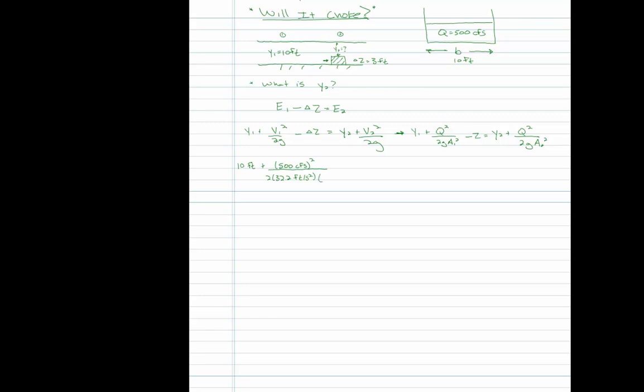And the initial cross-sectional area, because our initial depth is 10 feet, is going to be 100 feet squared initially as the flow depth, minus this obstacle height of 3 feet as the delta Z, is equal to, well, we don't know what the new flow depth over the obstacle is going to be, y2, plus 500 CFS squared divided by 2 times 32.2 feet per second squared times 10.